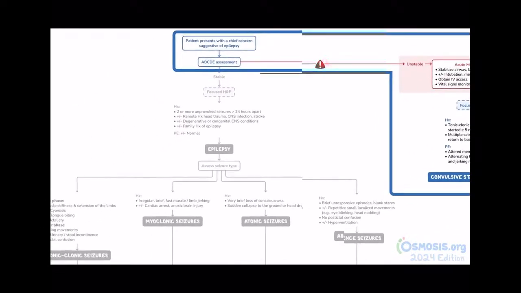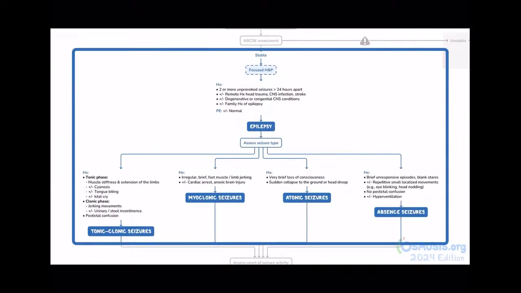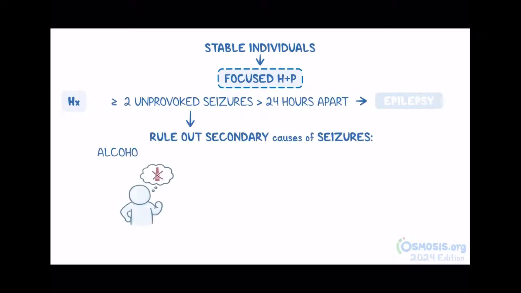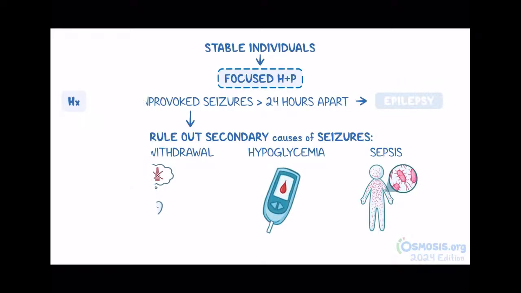Now, let's go back to the ABCDE assessment and focus on stable individuals. In this case, obtain a focused history and physical exam. History usually reveals at least 2 unprovoked seizures more than 24 hours apart, which is enough to confirm the diagnosis of epilepsy. However, to call a seizure unprovoked, you need to rule out secondary causes of seizures, such as alcohol withdrawal, hypoglycemia, or sepsis.